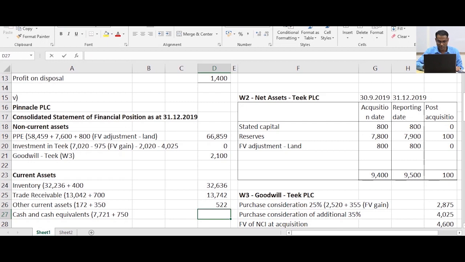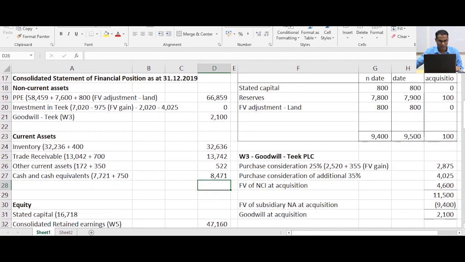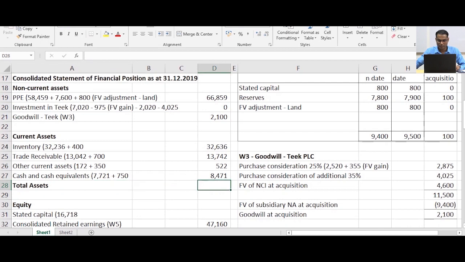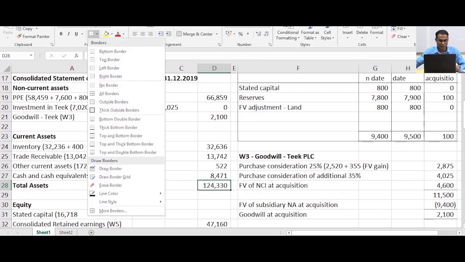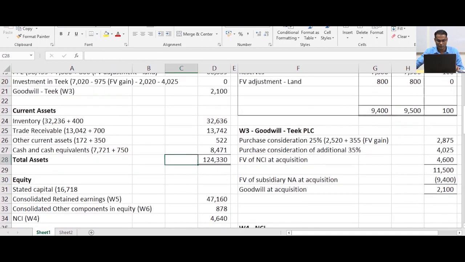Cash and cash equivalents 7,721 plus 750, 8,471. If I take the total, total assets, what is the value of the total assets? Total of everything, 124,330.